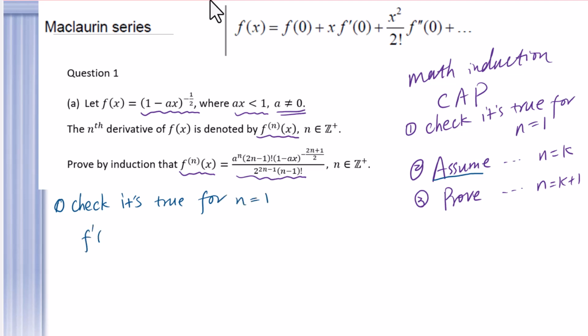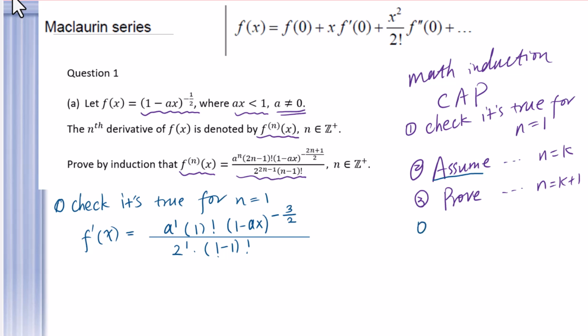The first derivative equals, let's do the substitution, a to the first power times 1 factorial times (1 minus ax) to the power of negative 3/2, over denominator 2 to the power of 1 times (1 minus 1) factorial.